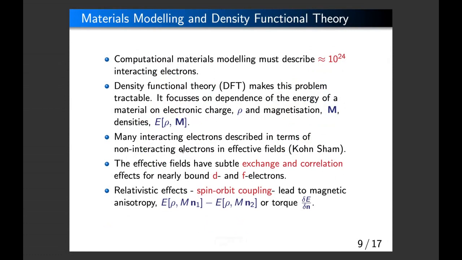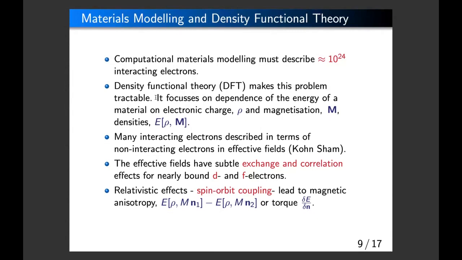So this is a method that's used in a very widespread way these days in modelling materials at the sub-nanoscale. As ever, materials modelling should in principle describe all the many interacting electrons in the material. And what this theory does is to make this problem tractable. There was a Nobel Prize awarded some 20 years ago to one of the inventors of this method.